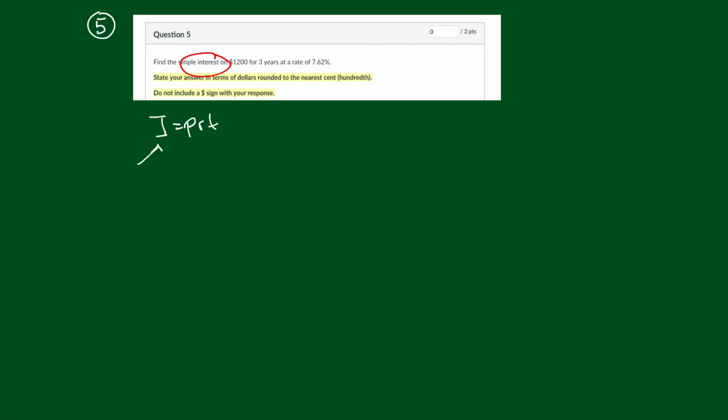So find the interest. Find I when P is 1,200. T, that's the number of years, is 3, and the interest rate is 0.0762.